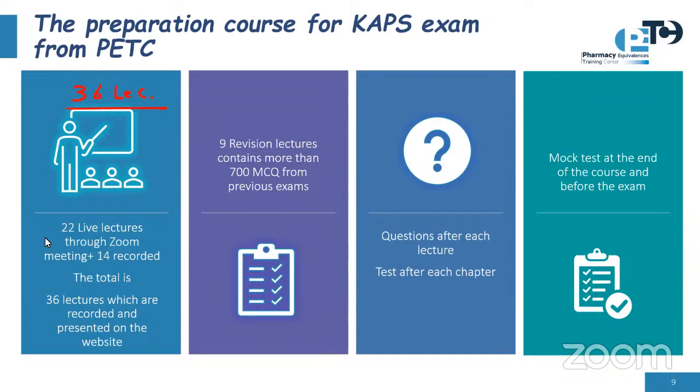Those 36 lectures are divided into two types. 22 of them are conducted as live lectures through a Zoom meeting, like today's session, okay? Plus 14 recorded lectures. All of them are recorded. The 36 are recorded, either the live or the recorded.